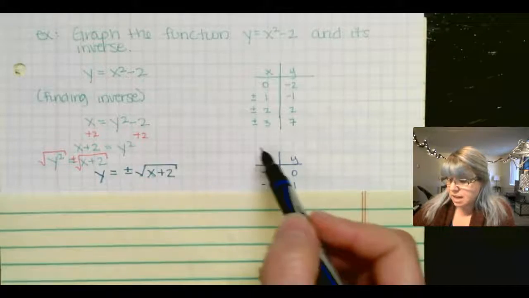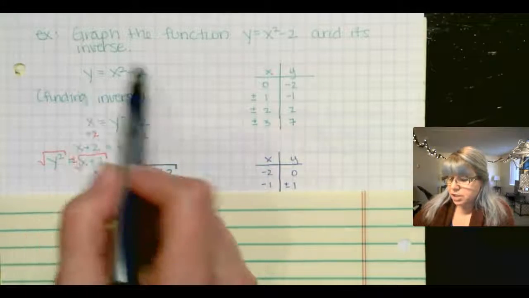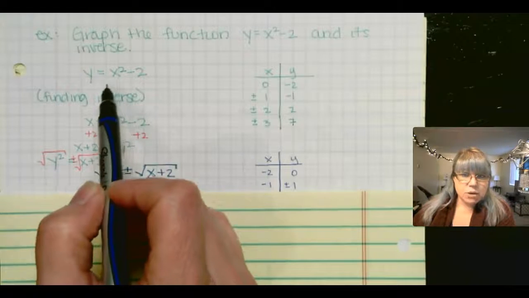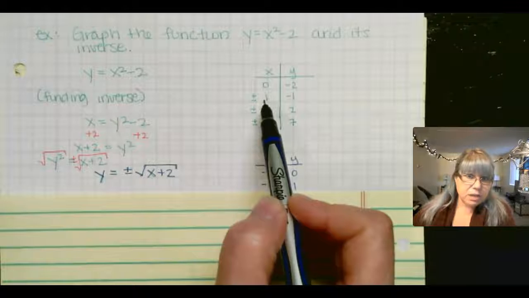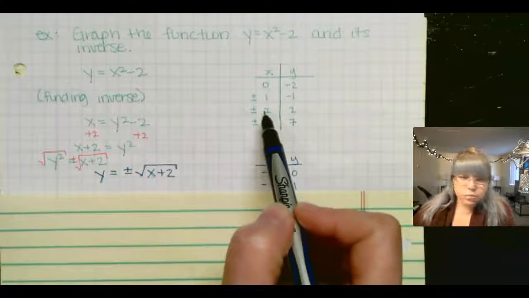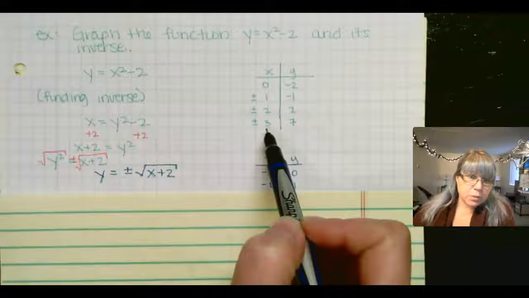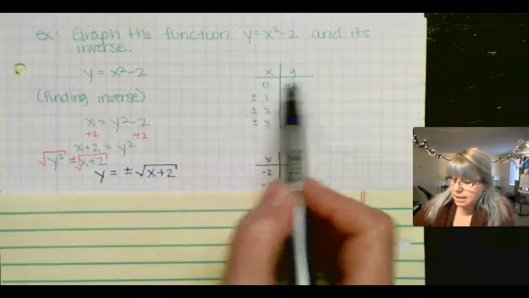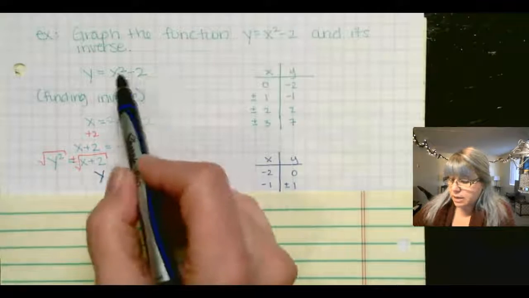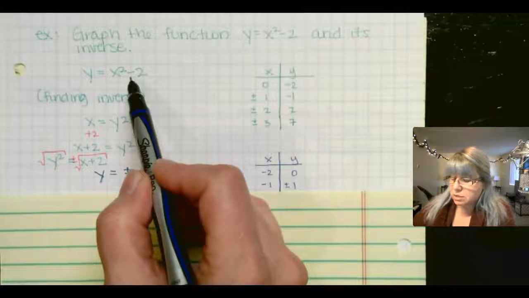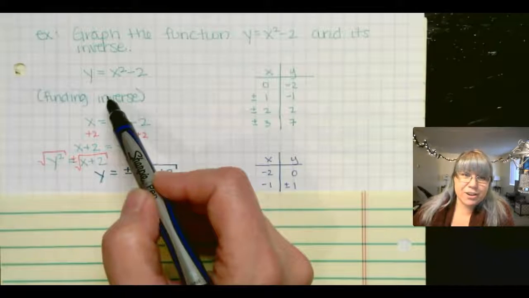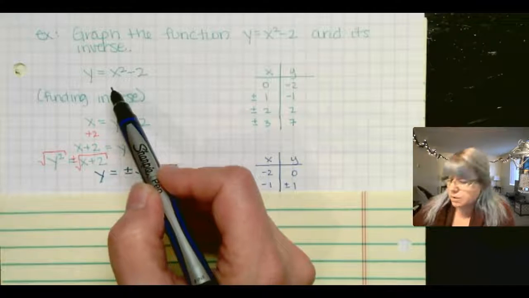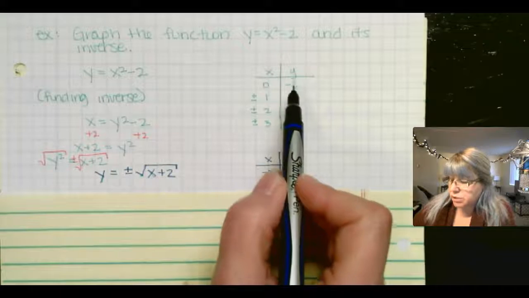Now how am I going to graph these guys? For the first equation, my original function, I'm going to just plug in some values. 0, -1, +1, -2, +2, -3, +3, and I'm going to get its outcome. If I plug in 0, 0 squared is 0, 0 minus 2 is -2.